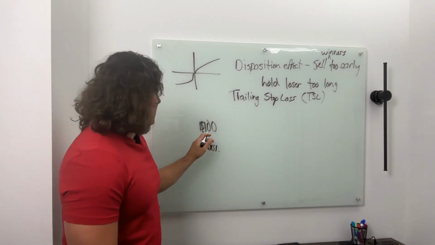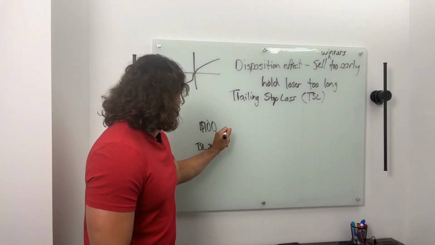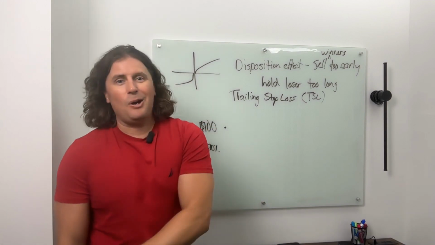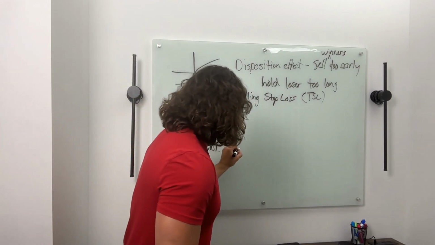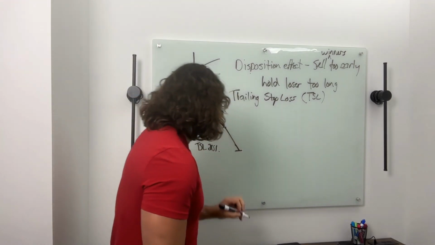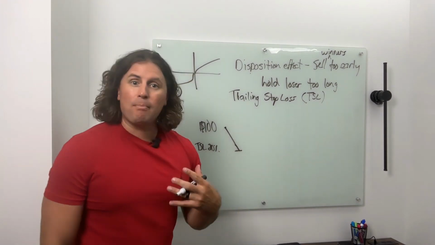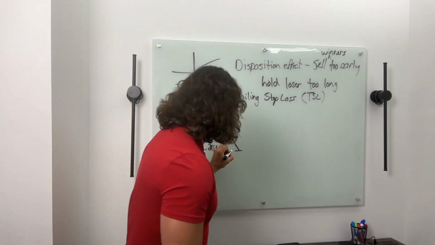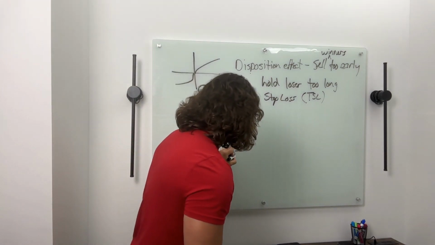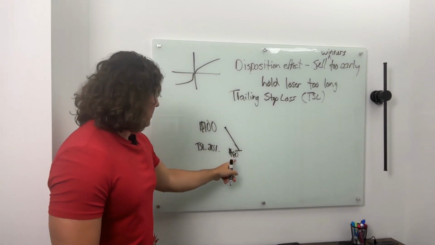So that means if I buy that stock at 100 and it immediately goes down to $80, now our trailing stop loss is triggered and I get a market order. So I get the next available price at $80 or around $80 when that trigger happens.